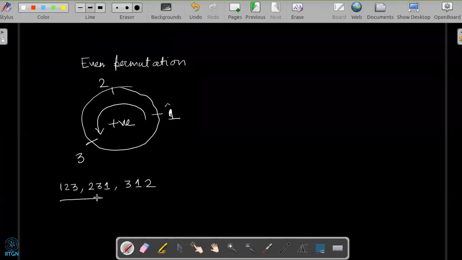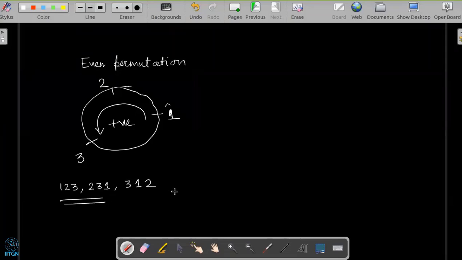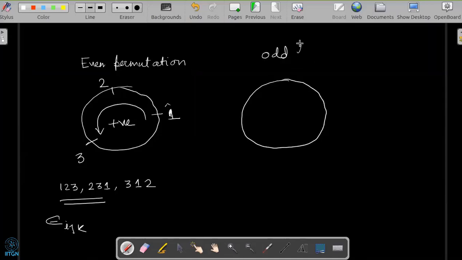This is an example of an even permutation. So whenever you put epsilon_ijk in this order, it will give plus 1, otherwise it will give minus 1 or 0. Now the odd permutation is just the reverse of this.